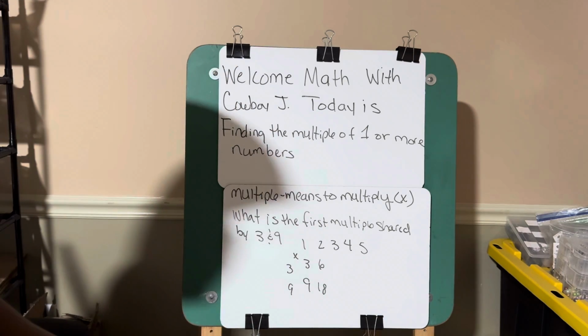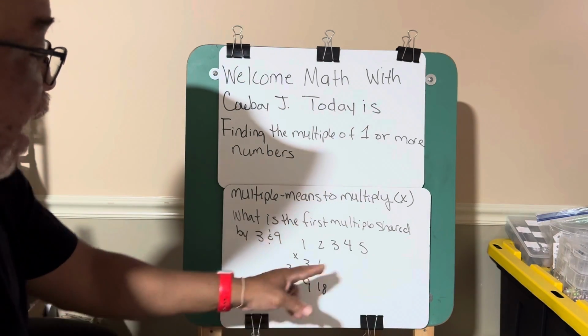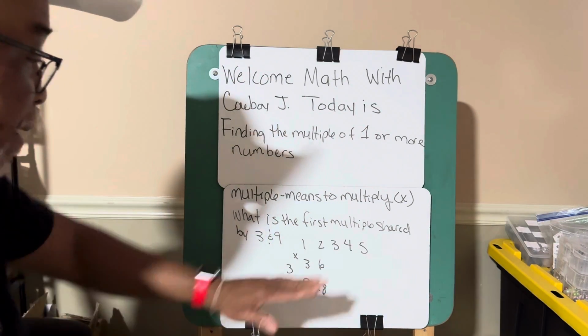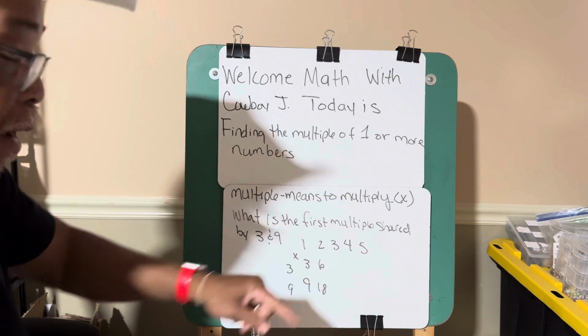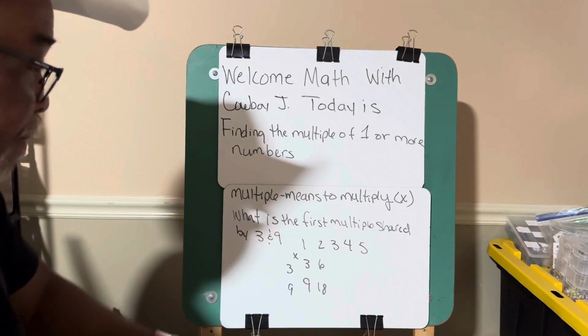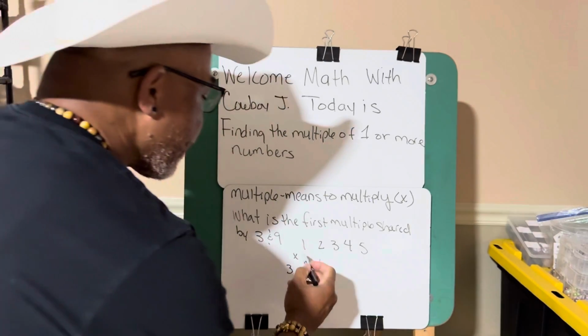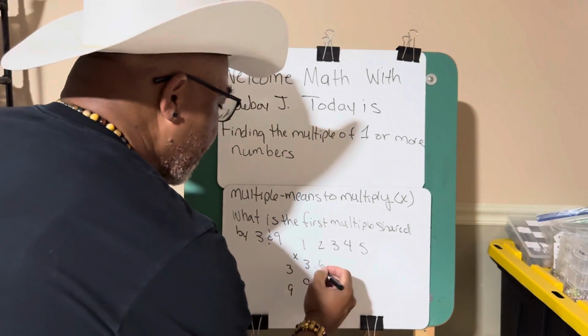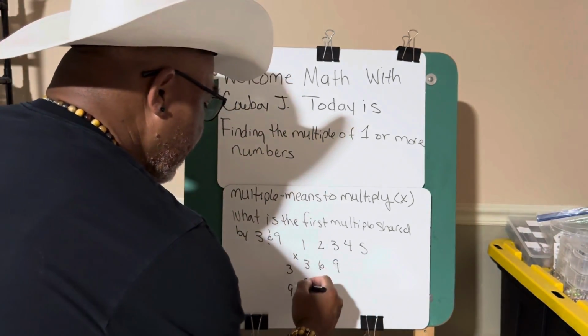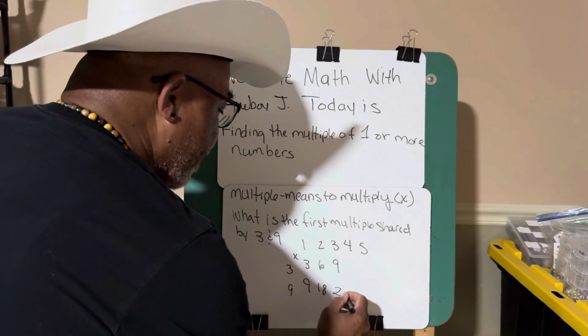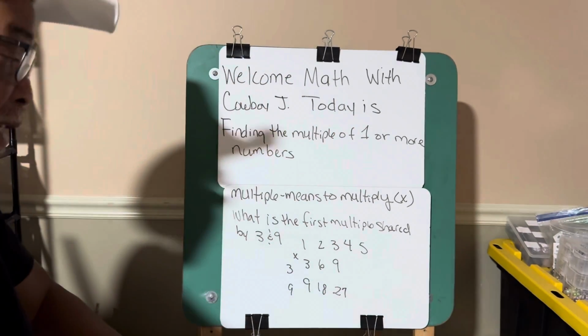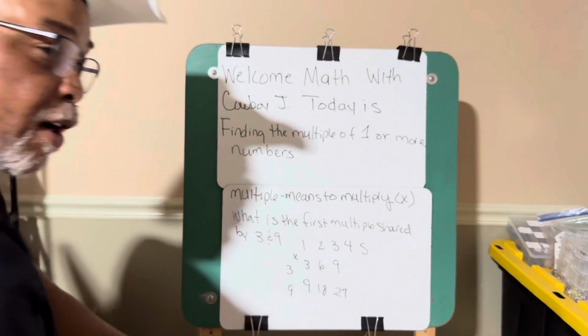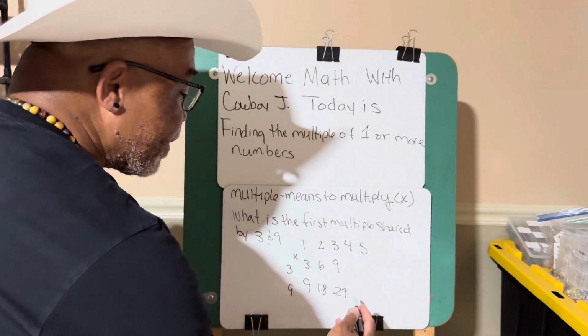I now have 4 numbers, a 3, a 6, a 9, and 18. I'm trying to find a number at the top with the 3s that also matches a number at the bottom with the 9s. 3 times 3 is 9. 9 times 3 is 27. Does anybody see a number in the 3s that's also the same number in the 9s?